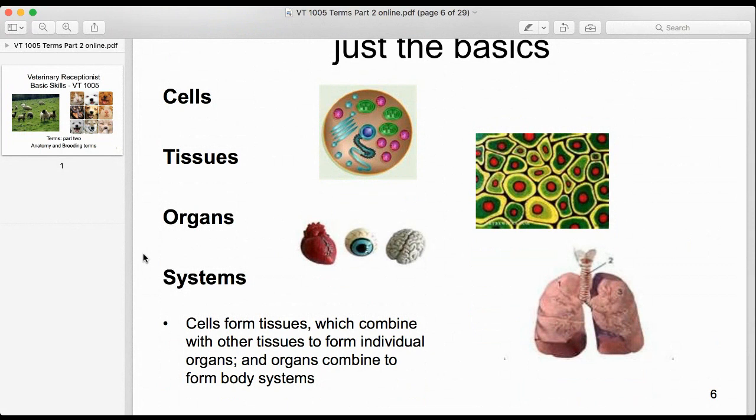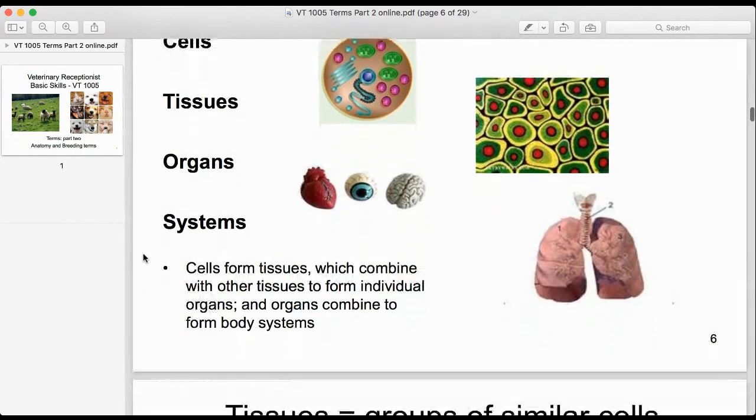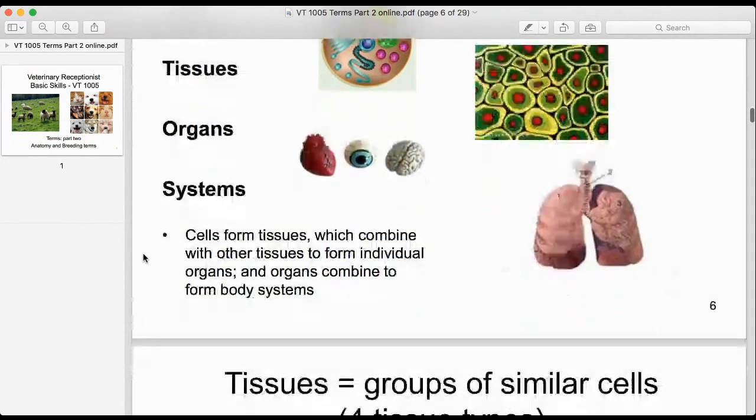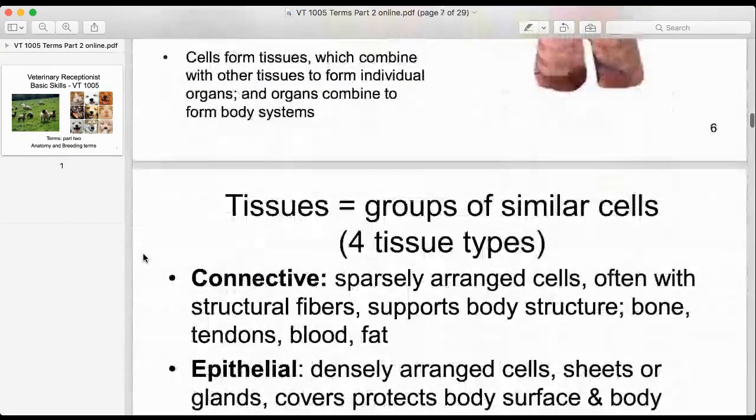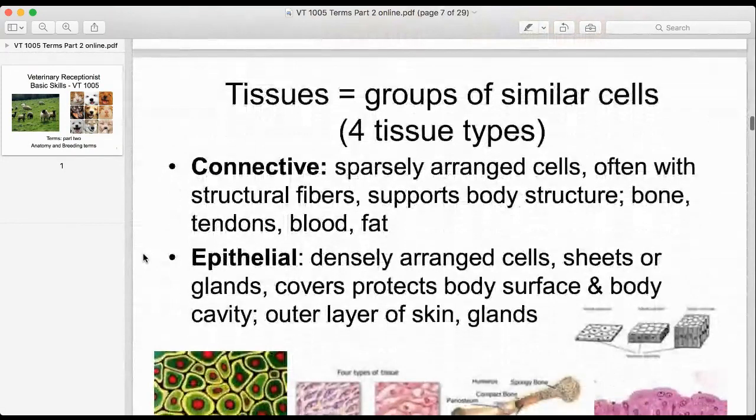The little cells off to the right-hand side that are green and red and yellow are an example of how cells come together to form tissues. And then various types of tissues can come together to form organs, and various organs come together to form systems. And this is actually the basic format of any study in anatomy.